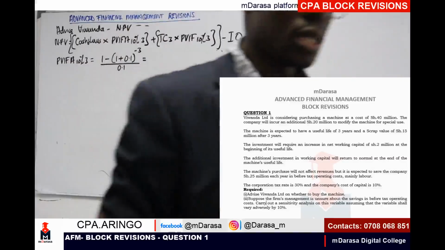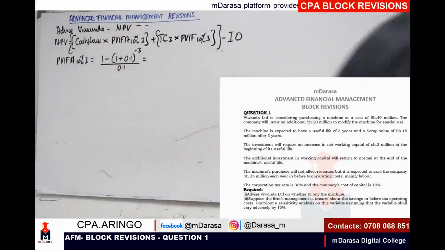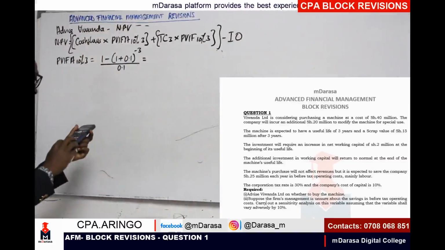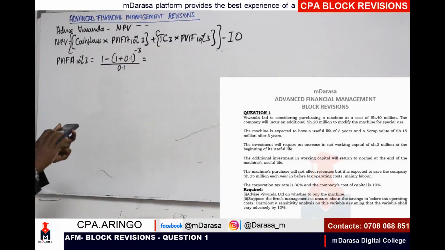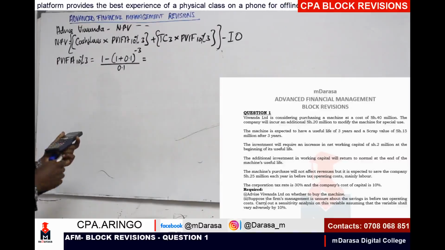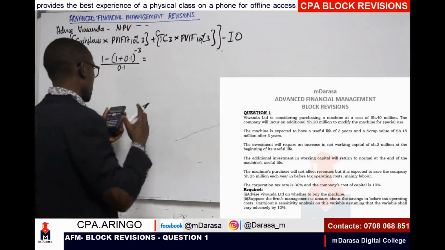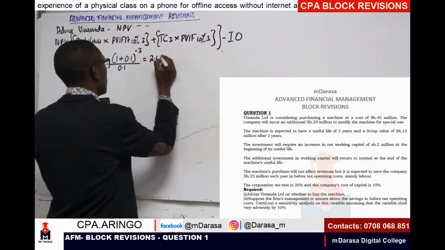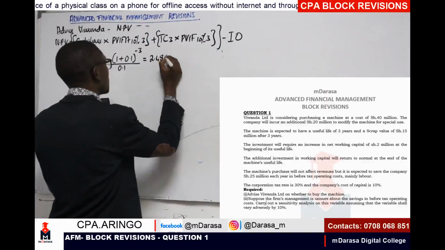Remember that bit? I've just looked at it. So in this case, 1.1 raised to power -3, 1 minus the answer, divided by 0.1. This should give me, to 2 decimal places, 2.4869.